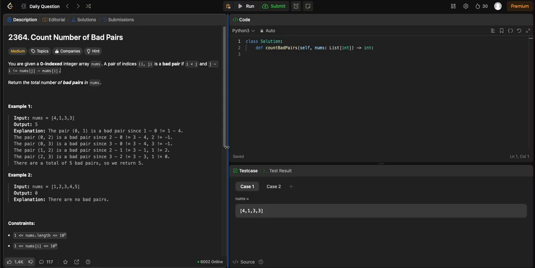We know that if we have X amount of good pairs, and we can calculate the total number of pairs in the array, the bad pairs would just be the total number of pairs minus the number of good pairs. So finding good pairs and bad pairs are kind of the same thing. That's just one idea I thought of.